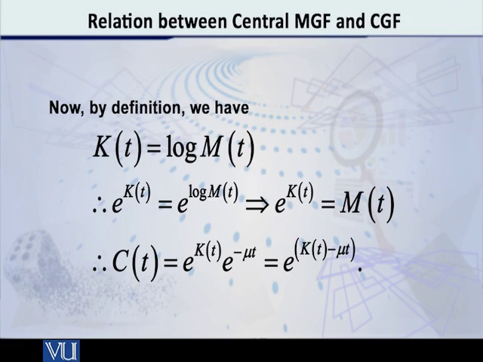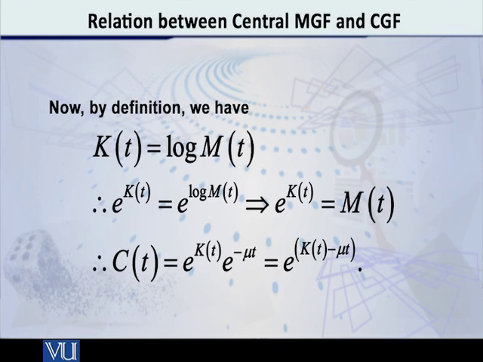Now what I have got just now, what is this? फिर देखिए, capital C of t, ये क्या चीज थी capital C of t, my dear students? It was the central moment generating function, central MGF. और अभी जिसके बराबर आया है वो क्या है? e raised to K(t) minus mu t. तो ये capital K of t क्या है?